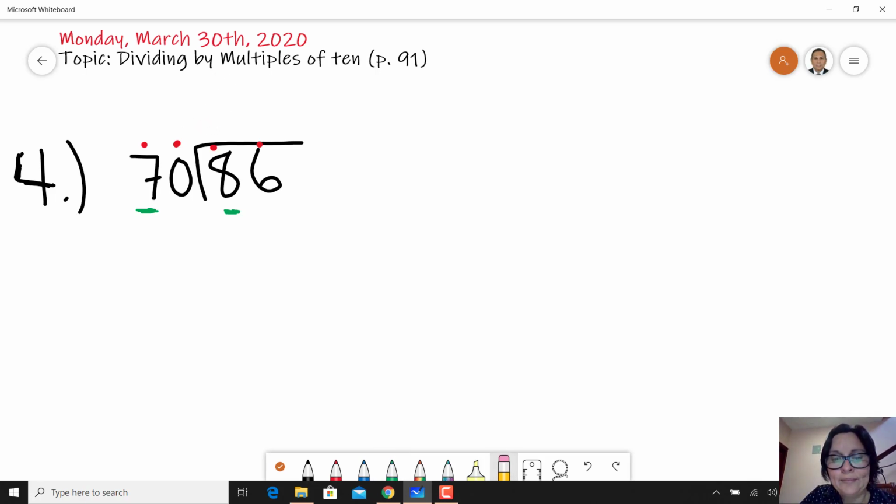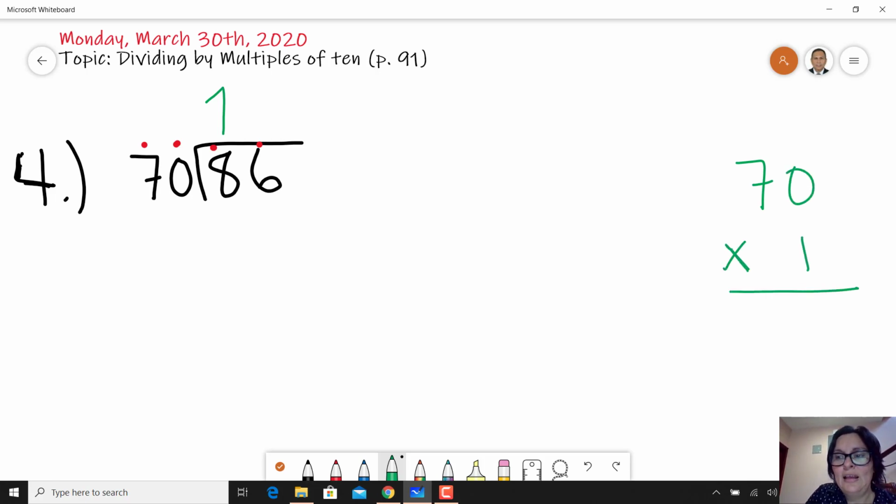Number 1. This is easy to multiply, so we don't have to do it apart, because 1 times 70 is going to be 70. Or if you want to do it, 70 times 1. But remember that any number multiplied by 1 is going to be the same number, 70. So here is going to be 70.